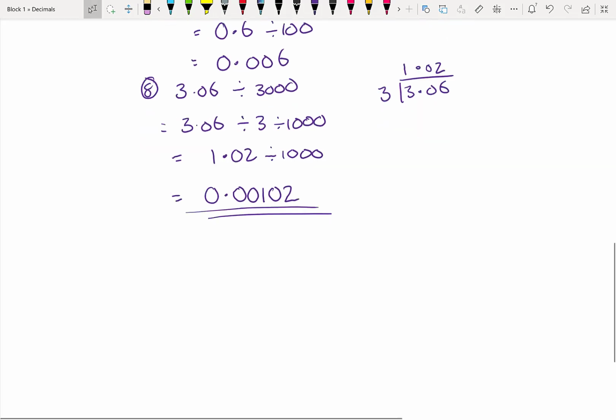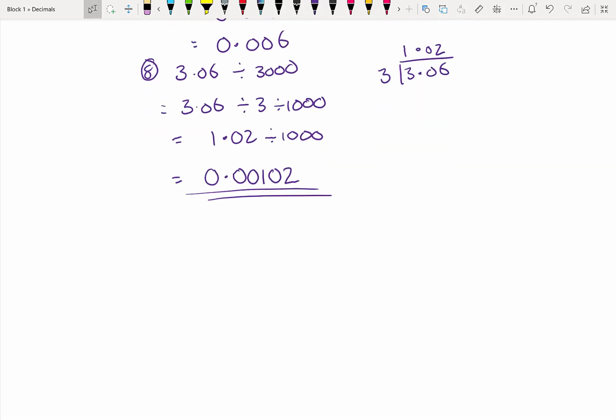So when we are looking to do this, remember when we multiply, we move the digits left, and when we divide, we move them right.